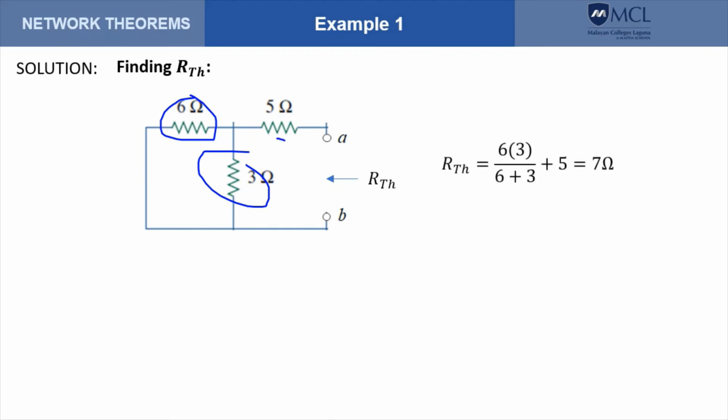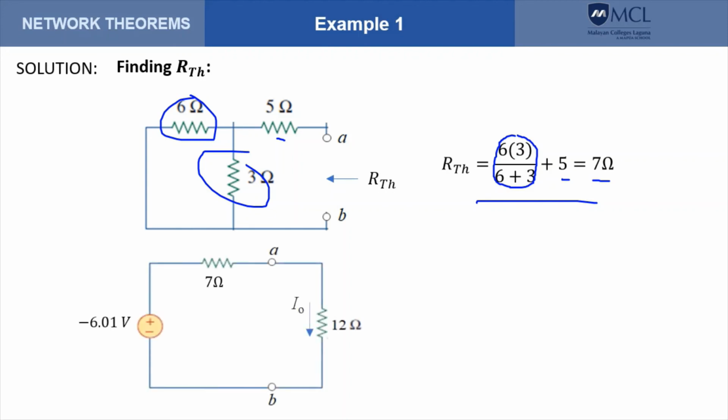So this is our computation for RTH. This one is the resistance for the two resistances in parallel plus the 5 ohms in series, we get 7 ohms. So therefore, our modified circuit becomes this one.